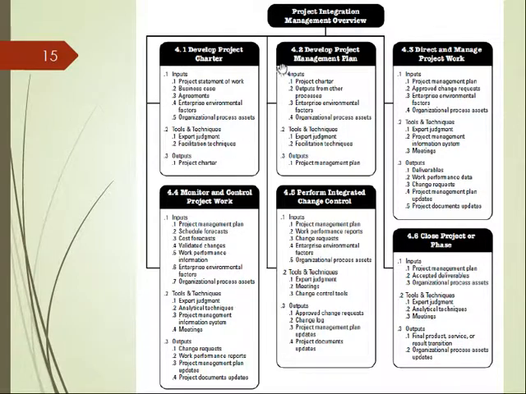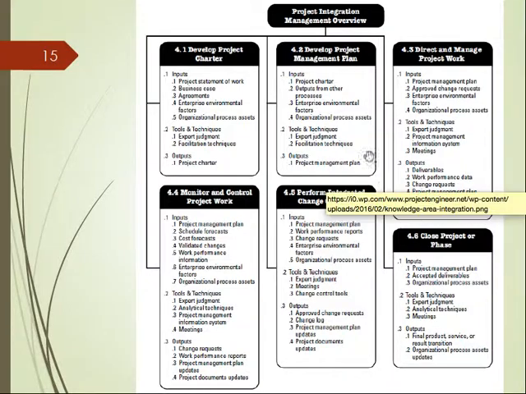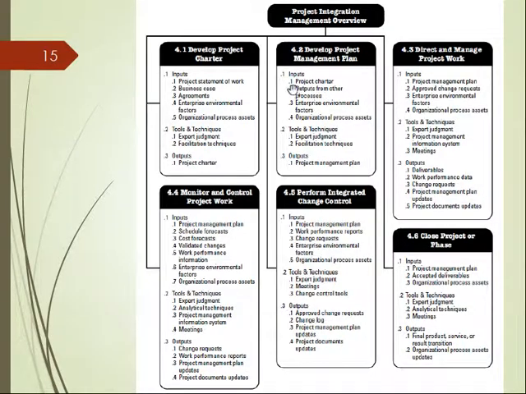And the first process is develop project charter, and you can see that its output is a project charter. But the project charter will be the input of another process called develop project management plan, and obviously the output of this will be the project management plan, but the main input is the project charter.